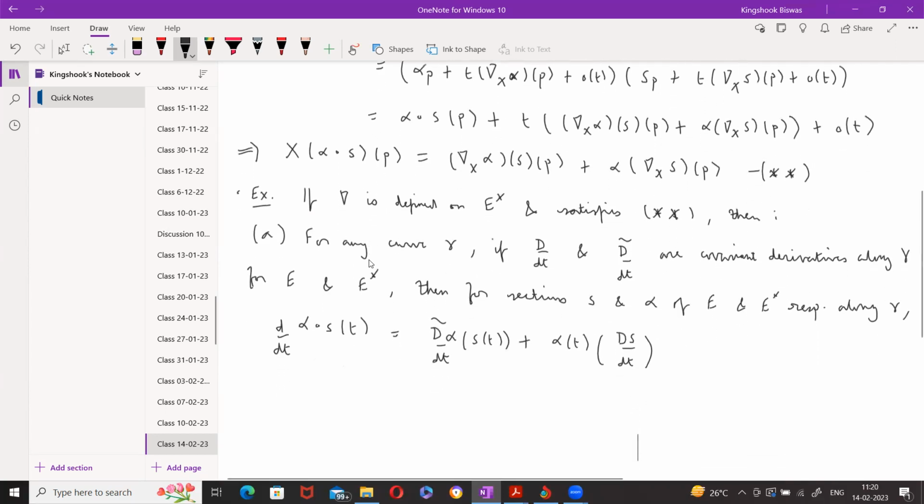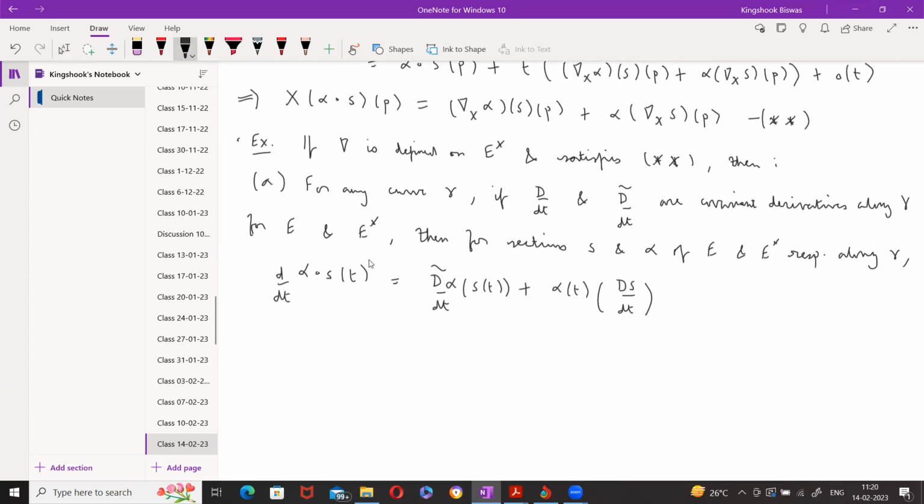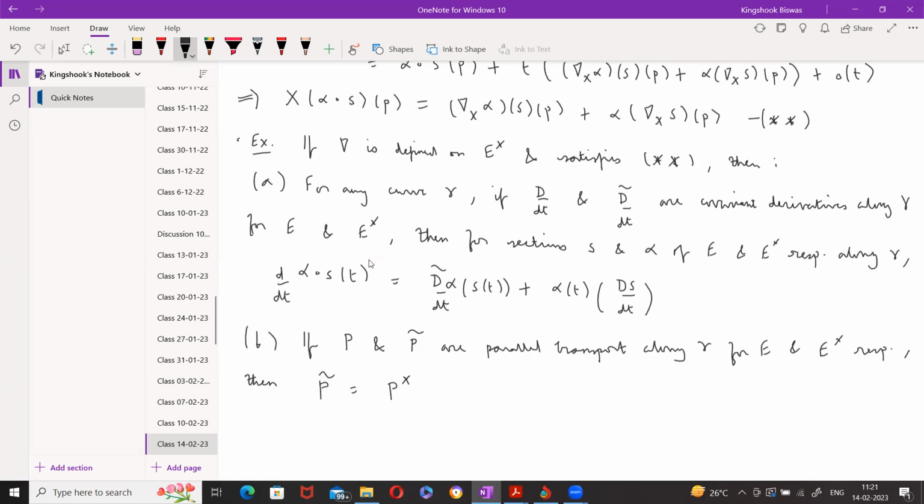All right. Okay, so try and prove this. And from this, it's not hard to show part B: if P and P tilde are parallel transports along gamma for E and E star respectively, then P tilde, the parallel transport for E star, is P star inverse.